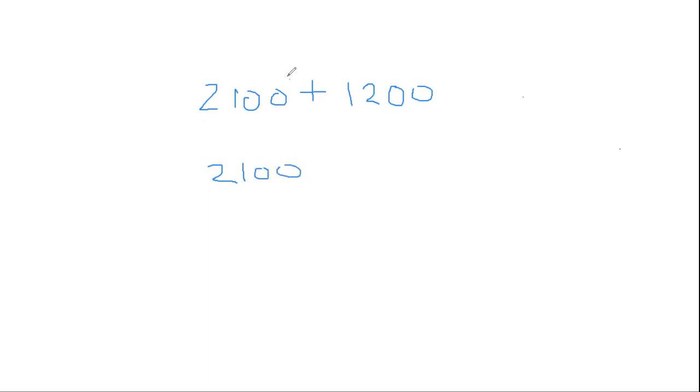Let me just put ml, ml. So you add these two together, and in adding them together, 0 plus 0 is 0. 0 plus 0 is 0. 1 plus 2 is 3. 1 plus 2 is 3.